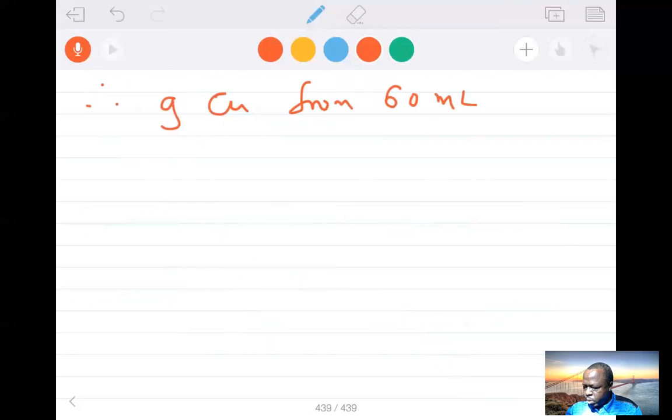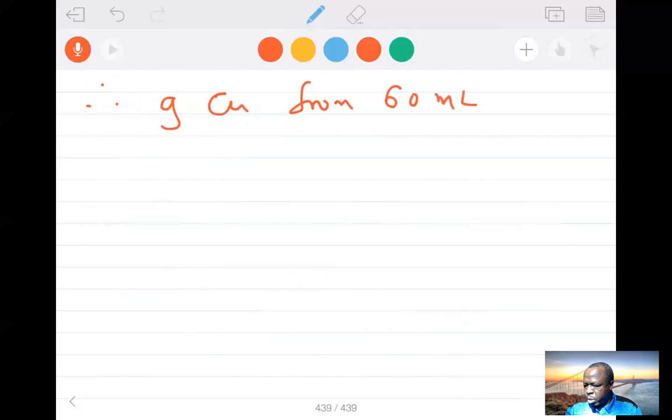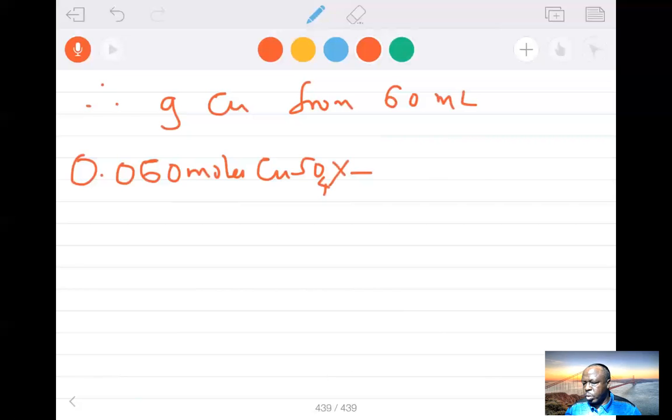The number of moles here is 0.060 moles of copper 2 sulfate times the mole ratio between copper 2 sulfate and copper, 3 to 3.